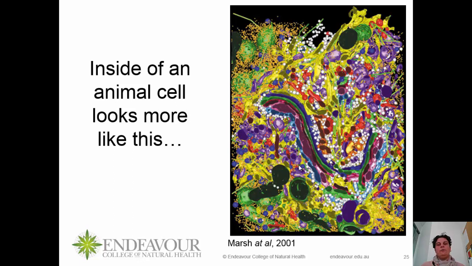But that of course poses a conundrum, because if cells are so messy inside, how the heck do they know what to do and how to do that? That's the question for another session. Let's talk about the bits first.